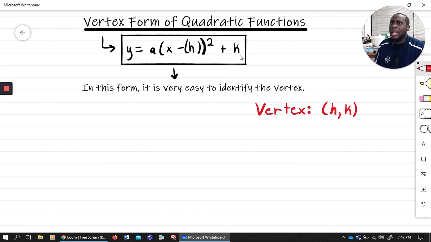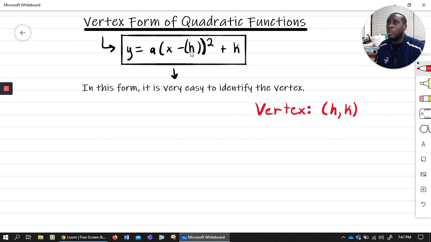But when we look at the part where you see the plus k, the k value is always going to be the exact same as what you see in the equation. In other words, that's the y value for your vertex.